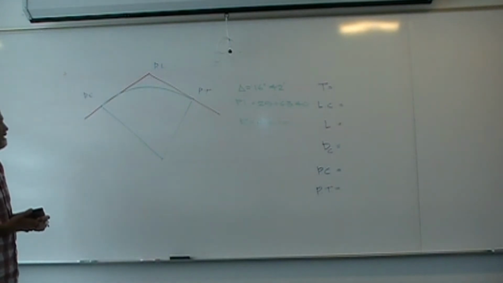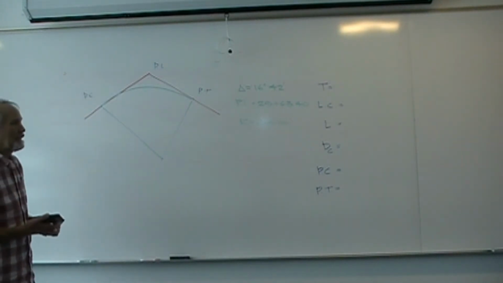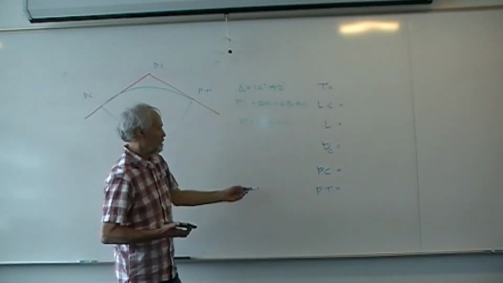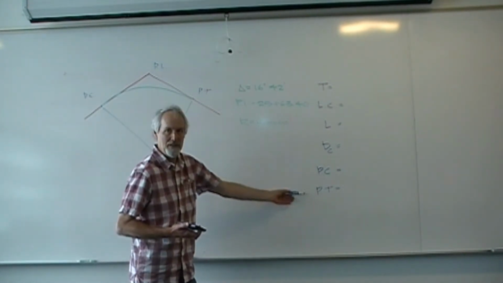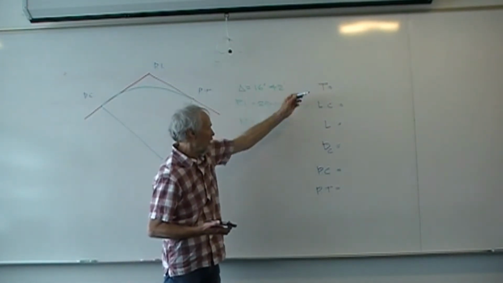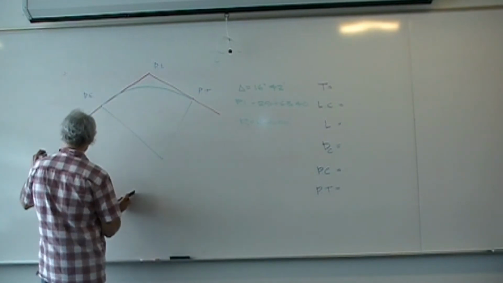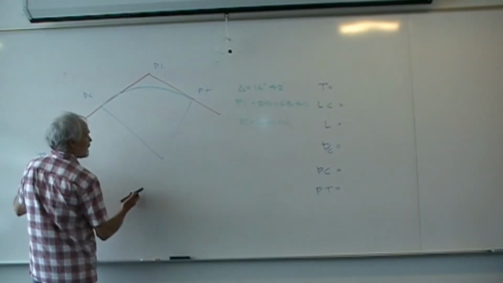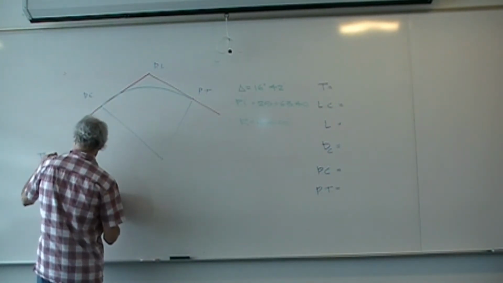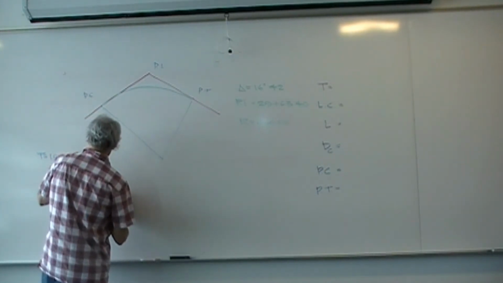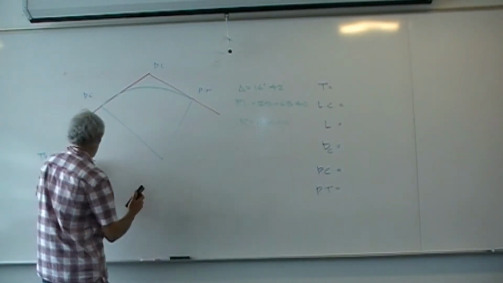Typically, it doesn't matter which order I calculate them in, but I have to have all the other stuff before I get PC and PT. So I'm going to work down the line here. T is your radius times the tangent of half of delta, in this case.